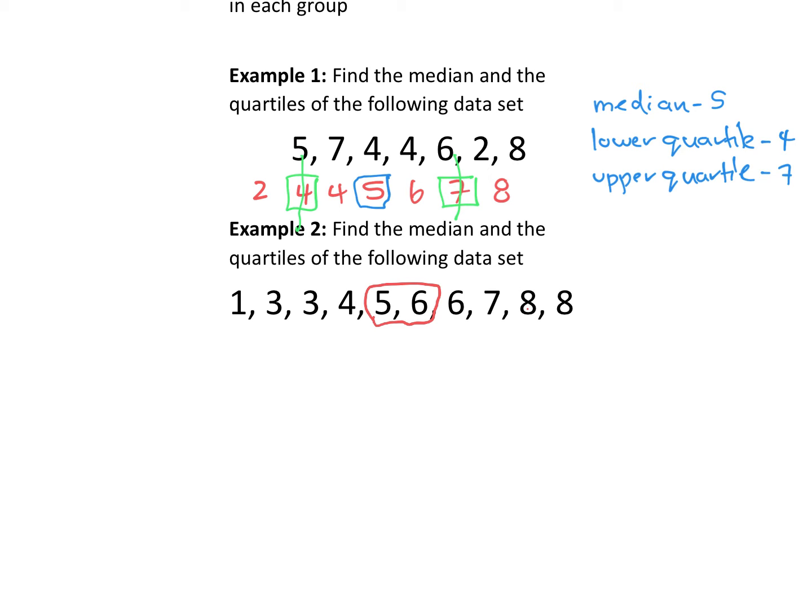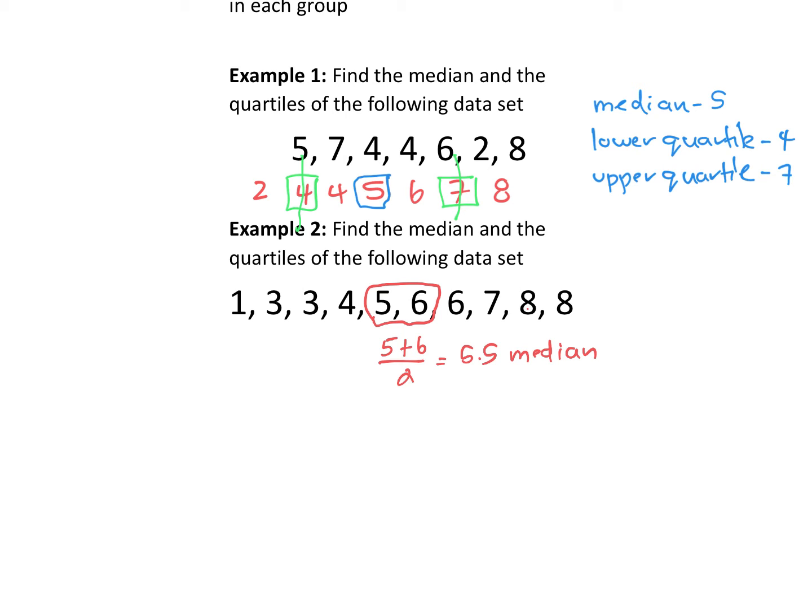I can see I have 4 numbers to the left, and I have 4 numbers to the right. So what I do here is I average the 2 numbers to get the middle, which is the median. So if you don't have an exact middle number, you're going to average the 2 that are in the middle.